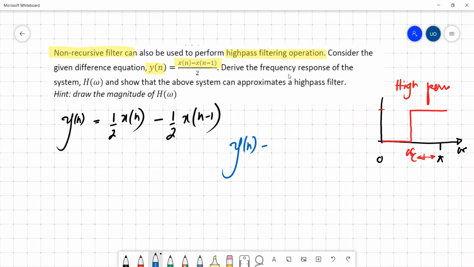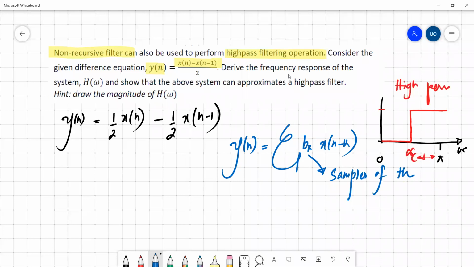If you remember, you can simply say sum of b_k x[n-k]. So the b_k's are actually the samples of h[n]. If you refer to the previous one, we found that the coefficients in front of the delayed versions of the input are the taps, or the samples, of h[n].